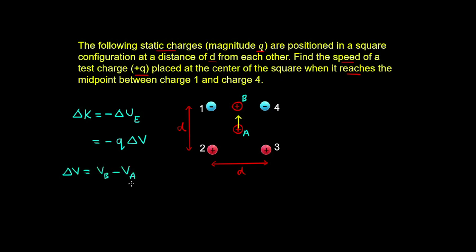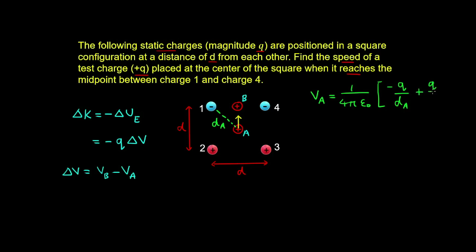So now writing the electric potential at A, using the superposition principle, we have 1 over 4 pi times the permittivity of free space, and the electric potential due to charge 1 is going to be minus Q over the distance from charge 1 to point A, which we'll denote dA. And then plus the electric potential due to charge 2.